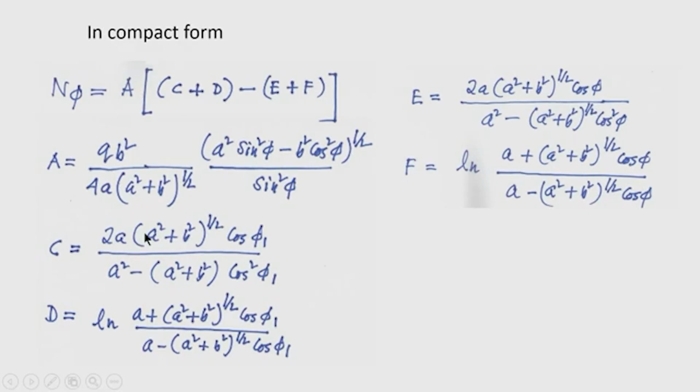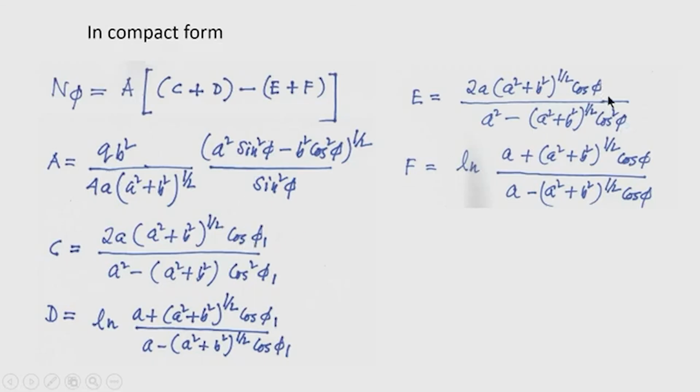C is 2a into (a square plus b square) to the power half cos phi 1 divided by (a square minus (a square plus b square) cos square phi 1), and D is logarithm of (a plus (a square plus b square) to the power half cos phi 1) divided by (a minus (a square plus b square) to the power half into cos phi 1), and the other factor E is similarly found as C, but you can see here the angle phi is appearing instead of phi 1.